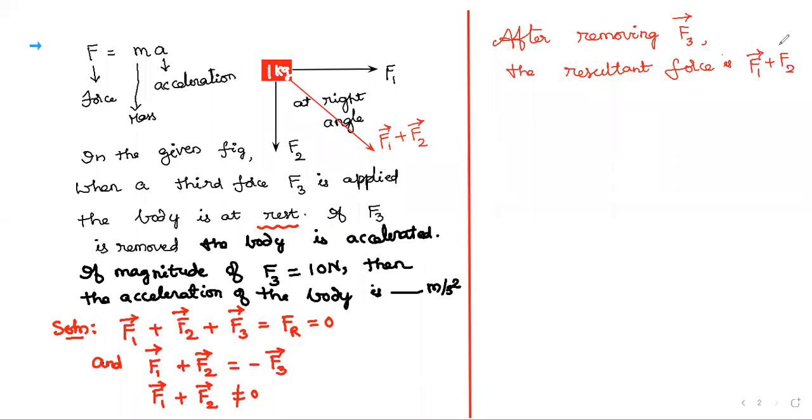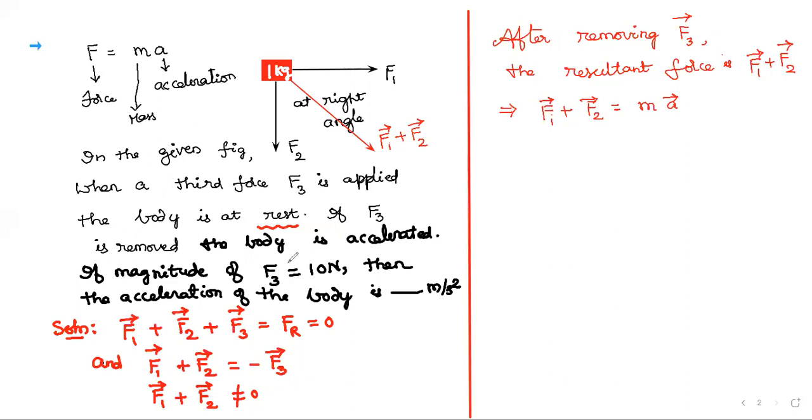If you know the resultant force, we can use the formula F equals M into A. That implies the resultant force F1 bar plus F2 bar is mass into acceleration bar.